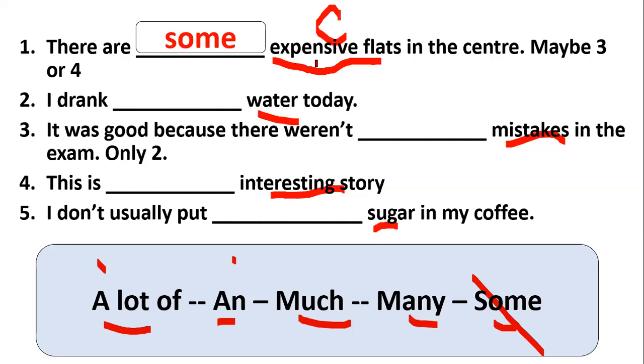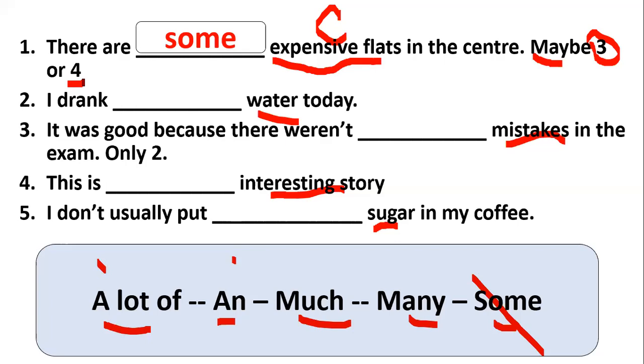Now, I said some because I only put maybe 3 or 4. So is the quantity very big or little? 3 or 4, very big or little, the quantity? Little? Exactly. So I have to put, in this case, some, right? And then we have number 2.